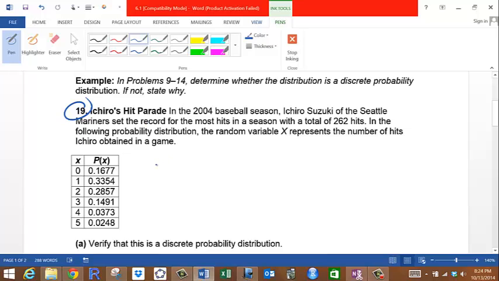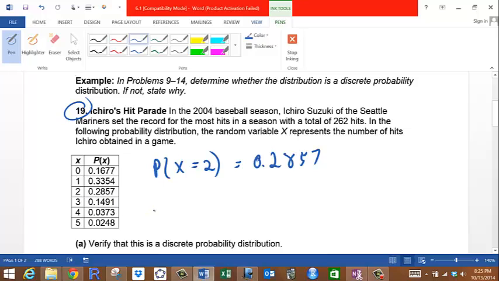So again, we can say the probability that Ichiro, the number of hits x, is equal to 2 in a particular game is 0.2857. And so on and so forth. So the probability that he gets 3 hits in a given game is roughly 15%.